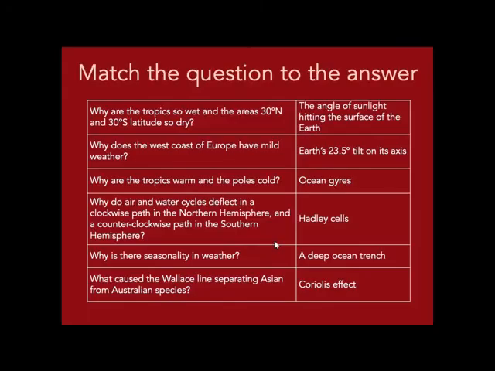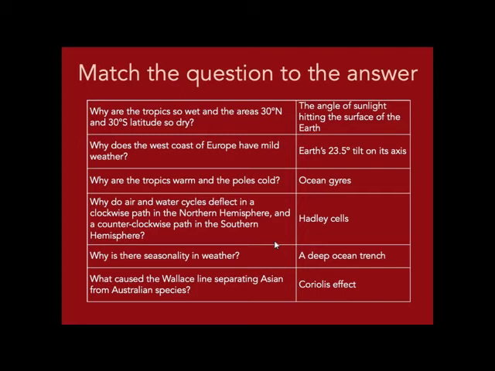All right, so match the question to the answer. Okay, so why are the tropics so wet and the areas 30 degrees north and 30 degrees south in latitude so dry? Oh, I remember that one. That one was caused by the circulation cells.